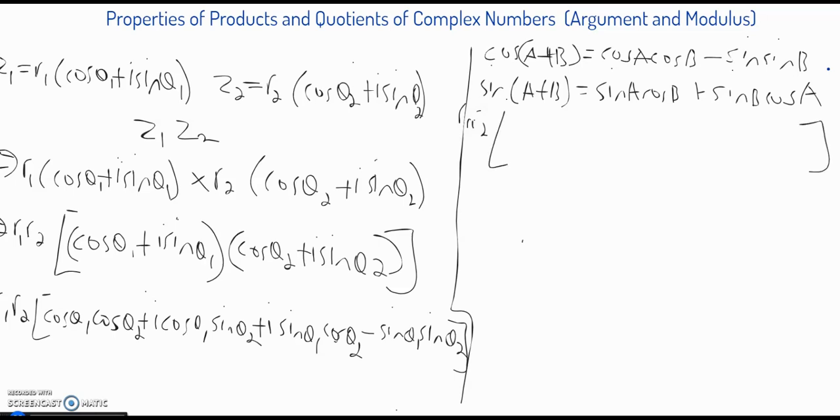So I'm going to have cos theta 1 cos theta 2 minus sine theta 1 sine theta 2.